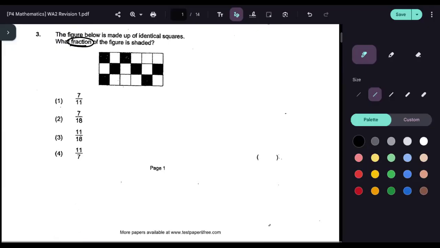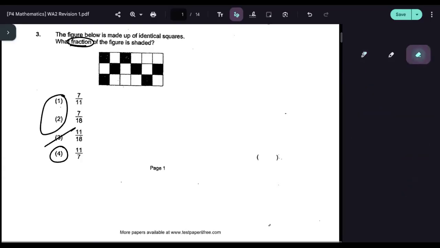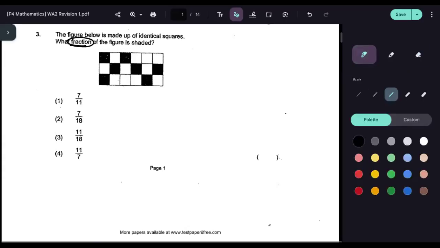Okay, fine, 7. But I have 2 options with 7 and 1 option here. This one confirm out, correct? But I have 3 options which are 7. That's why it's important to see the keyword, which is fraction.